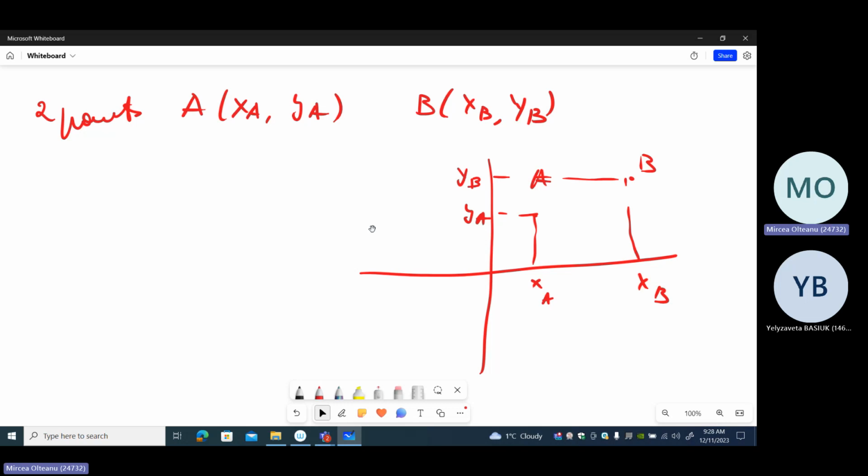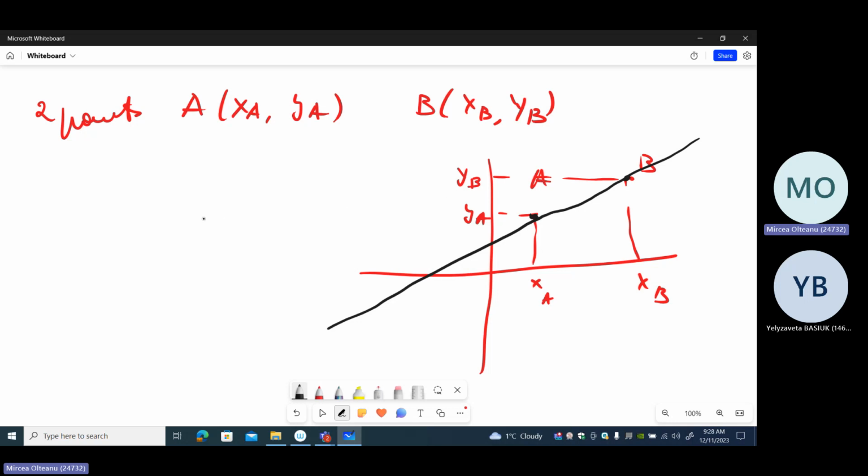Yes, and then the straight line which passes through these 2 points, the so-called straight line AB, is known because if we know 2 points on a straight line, we know the straight line. So it's normal to ask, what's the equation?